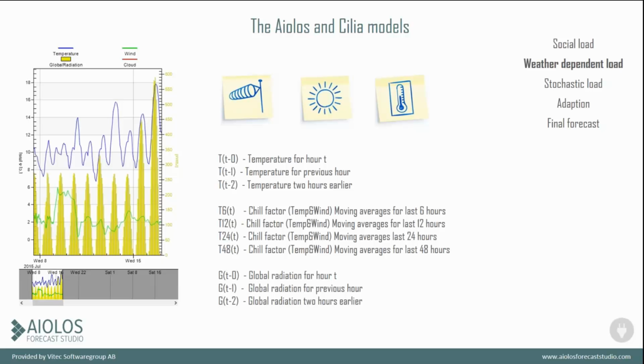And then we're also looking at the chill factor, which is calculated from temperature and wind, and those are looked at as moving averages for the last 6, 12, 24 and 48 hours. So these are the weather parameters that we're looking at when we're using the Aiolos and Celia models.